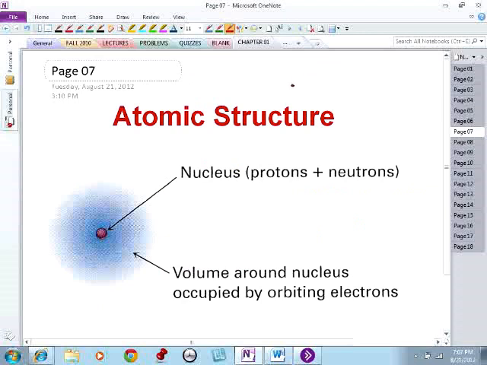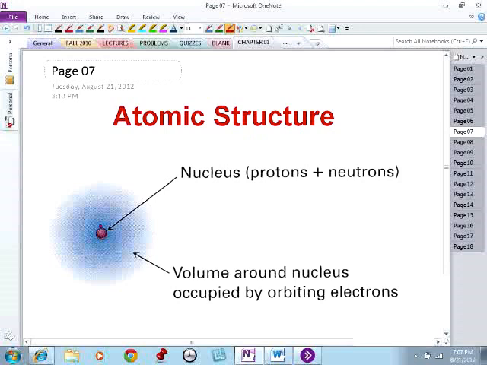Of course, also, before we go forward, I am assuming that in your general chemistry 1 and 2, you guys already studied the atomic structure. You guys should know that every atom comprises of what? Nucleus.